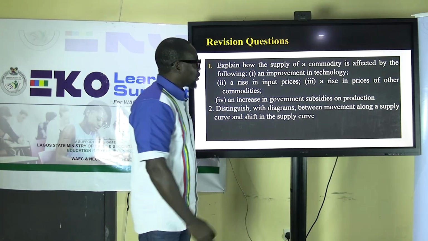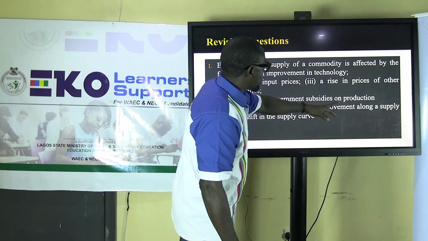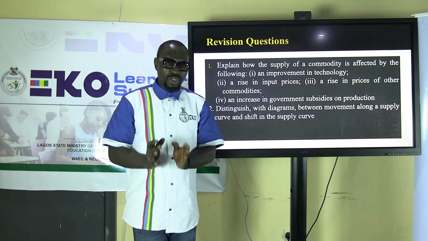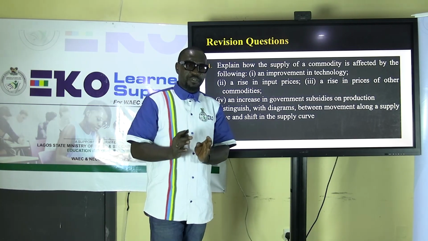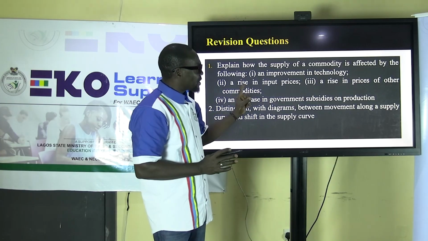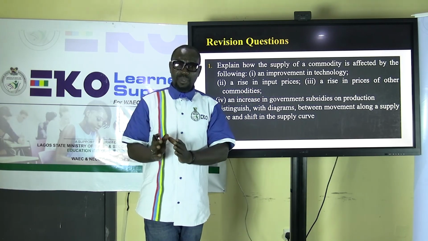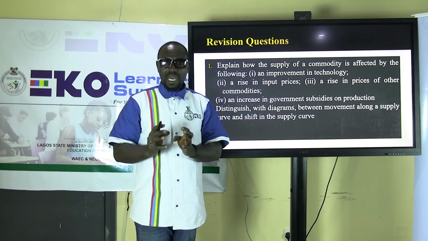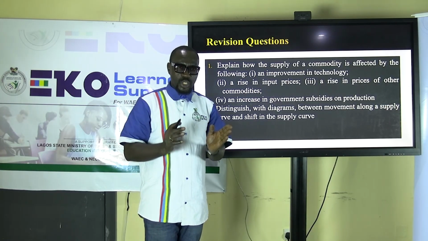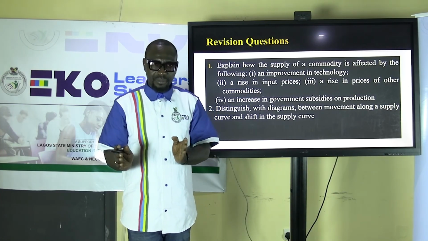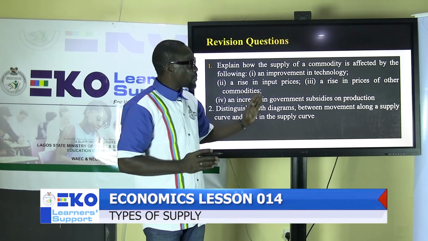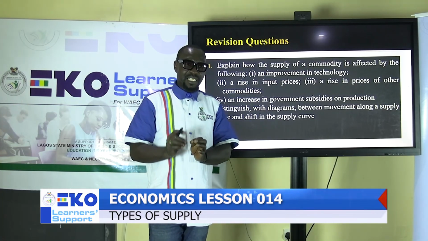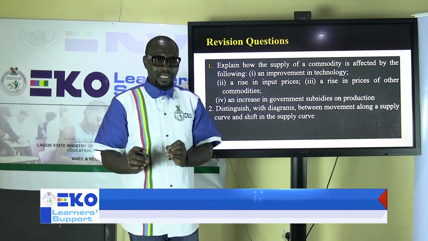The third one is a rise in prices of other commodities. To do good justice to this question, you must differentiate whether the other commodities here are complements or substitutes. Where the commodities are complements, meaning they are used alongside each other, the rise in price of one will lead to a rise in the quantity of the complement. Why?